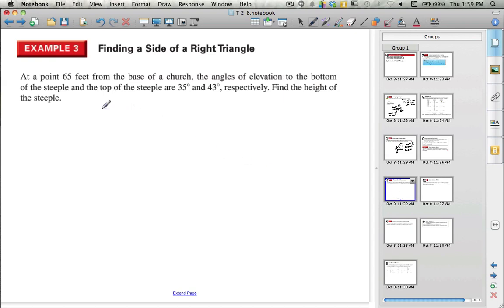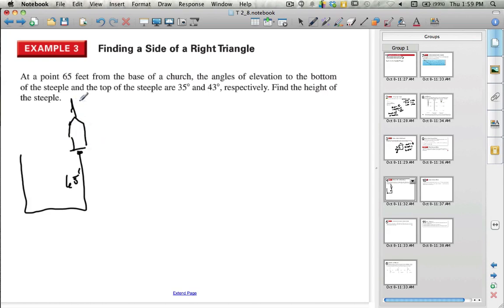Here's another similar problem. At a point 65 feet from the base of a church, so here's a church, and there's a spot up here, and this is 65 feet. And then there's a church steeple, so maybe there's a tower.